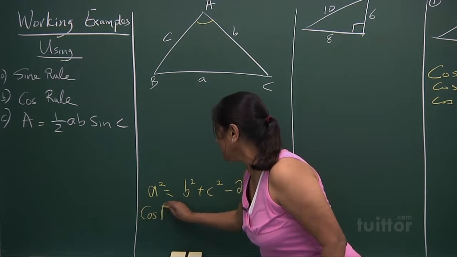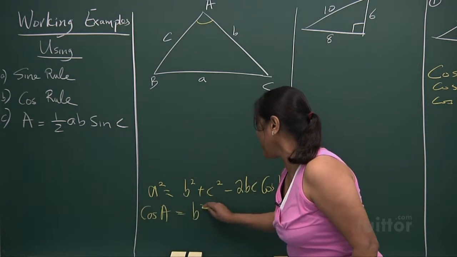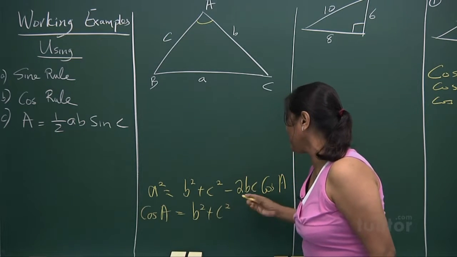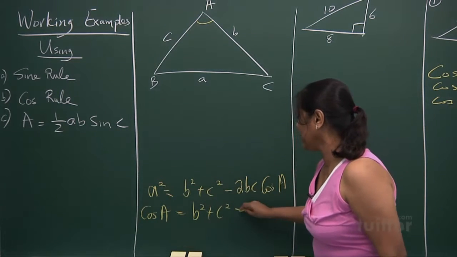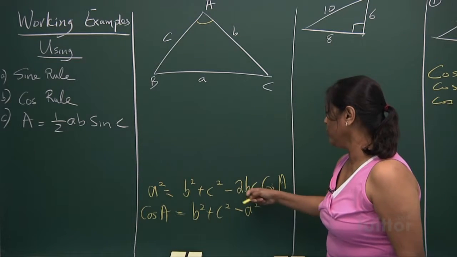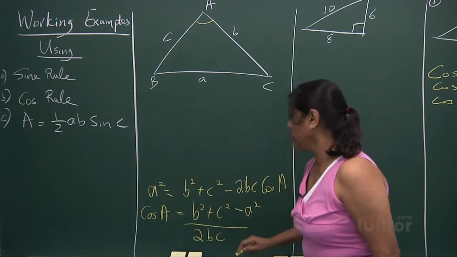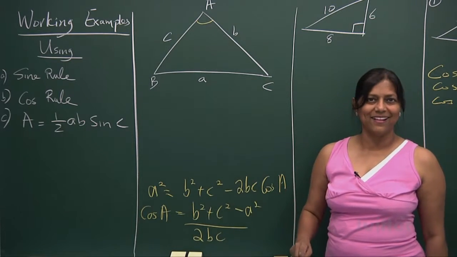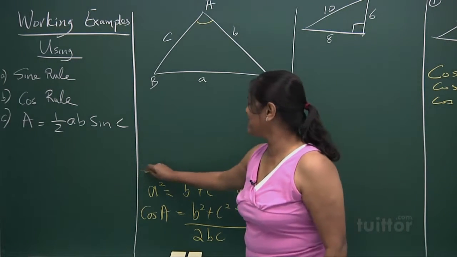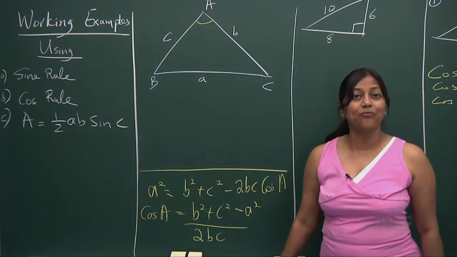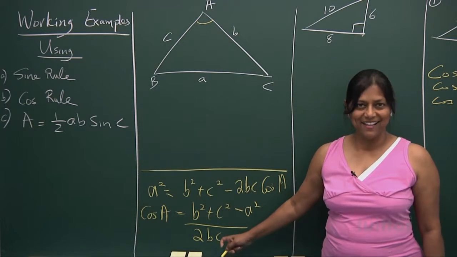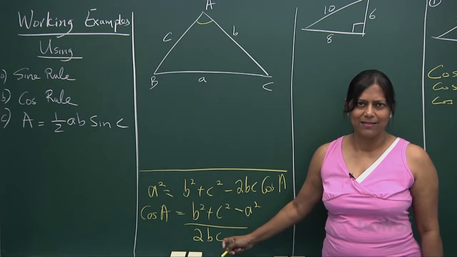We've got b squared plus c squared, take the a squared here, and all these attachments, you're going to divide it. That's how you get your angle. So this is just using cosine rule to find the angle if you're given three sides.